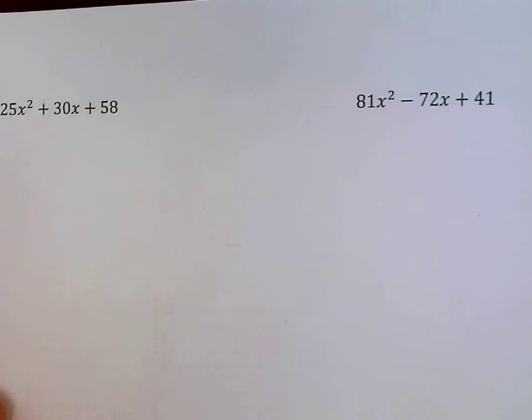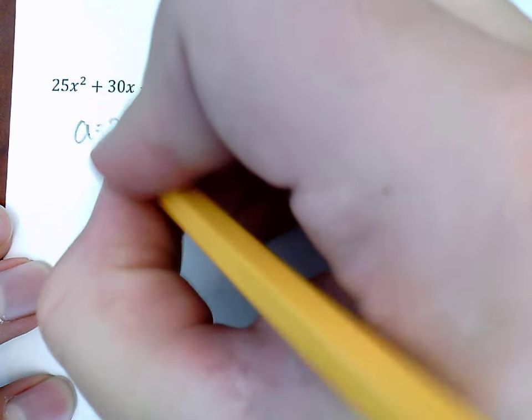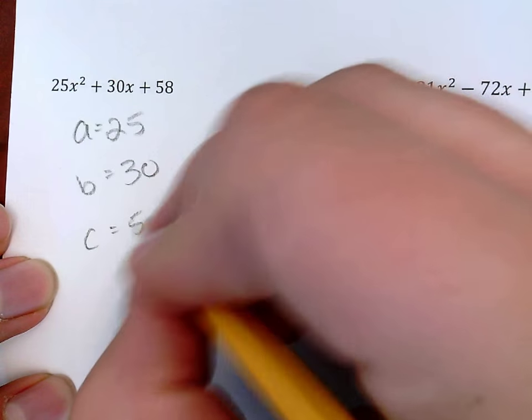Now, sometimes the number in front is bigger. So what I'm going to do is I'm going to still find my a, which is 25, my b, which is 30, and my c, which is 58.